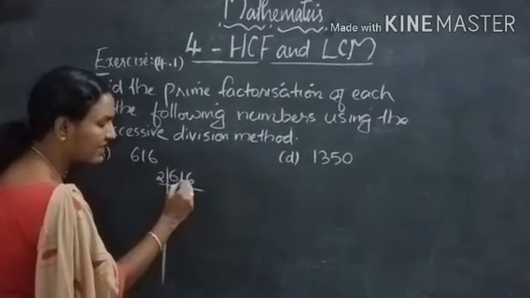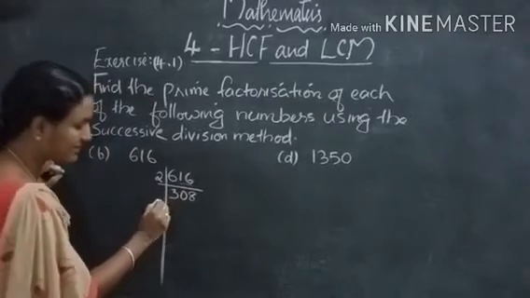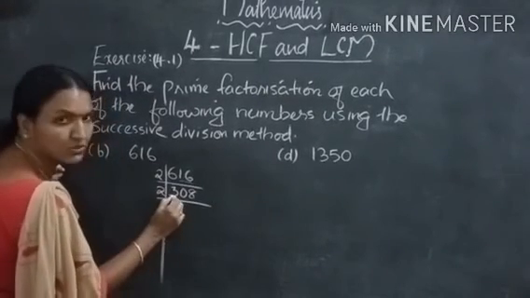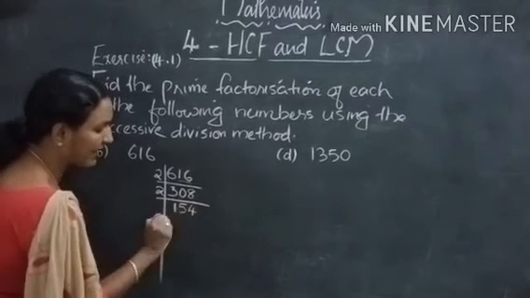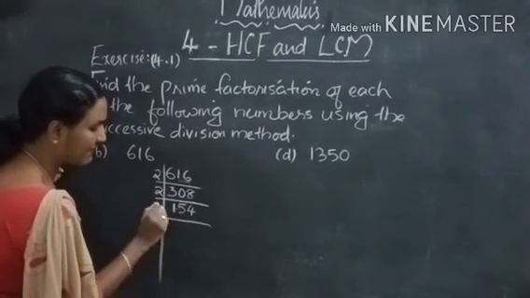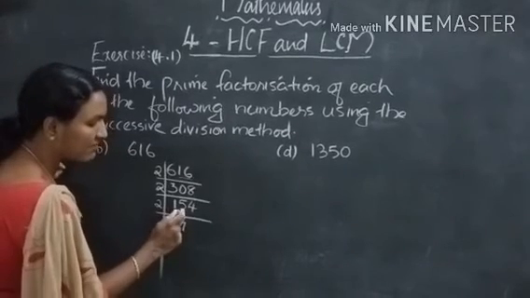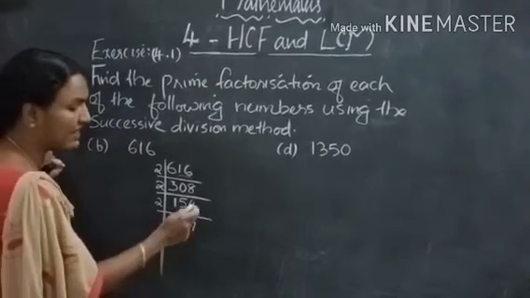Then 16. How many 2s are in 16? 8 2s are 16. Again 2. 1 2s are 2. Then balance 10. 5 2s are 10. 4 2s are 8. So even number. So start with 2. 7 2s are 14. Then balance 14. 7 2s are again 14.